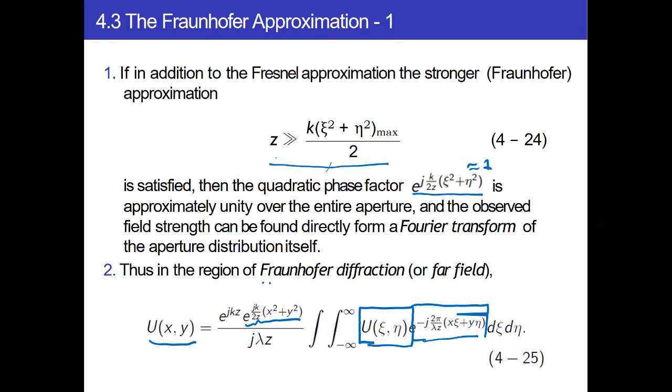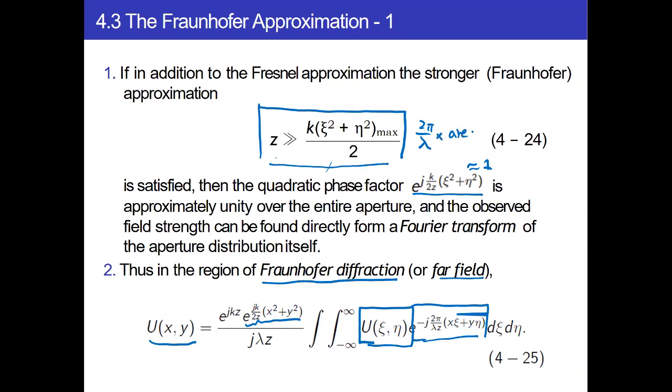So Fraunhofer diffraction, or far field, is where we are going to assume that z is much larger than this one. If you look at it, this is nothing but the area of the aperture, and k is 2 pi over lambda, okay.